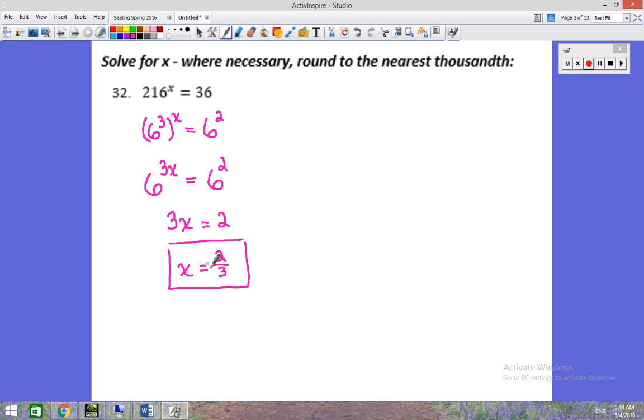And again, if you check it, if you have 216 raised to the 2/3 power, remember that is asking you to take the cube root of 216.